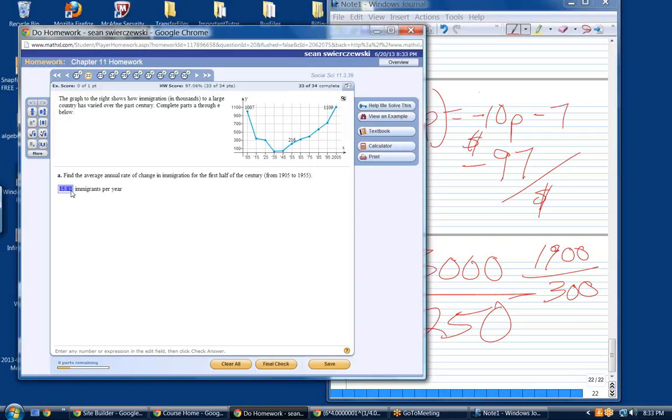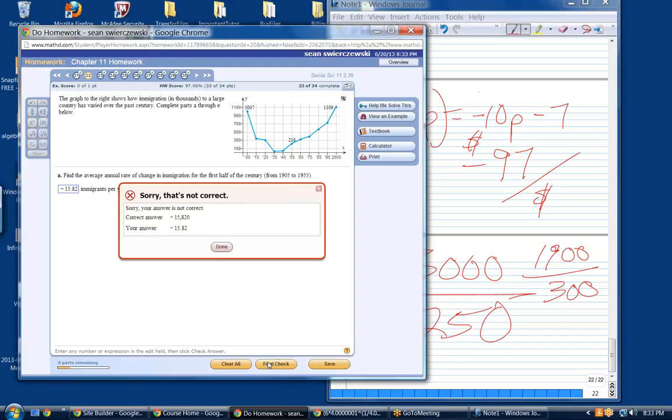If you multiply 15.82 times 50 years, you're going to get a drop of 791. Did we try making that negative too? Well, let me use my different negative sign. Negative 15.82. I don't know how that can't be right. Are you serious?